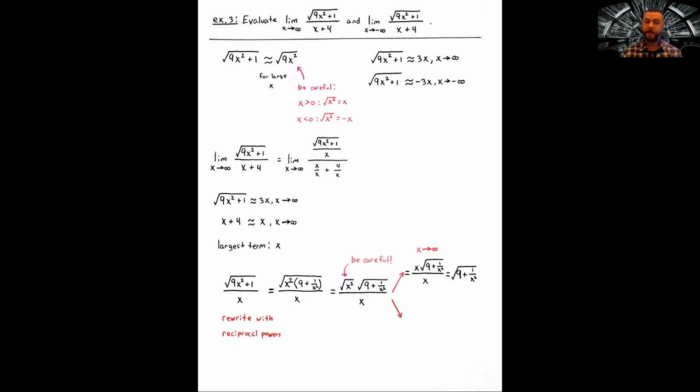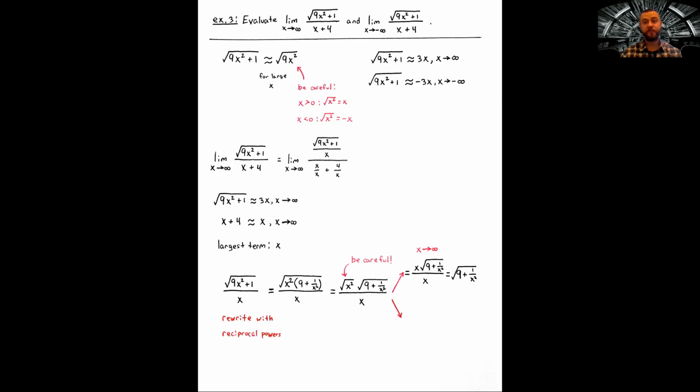Now, while we're at it, this is most of the work for the second part, the limit as x approaches negative infinity. And notice where the algebraic differences occur. It's in simplifying the square root of x squared. That's the only difference here.